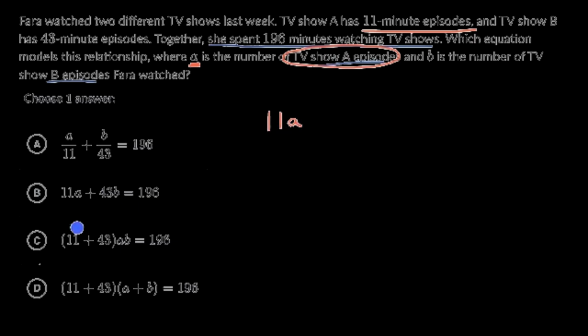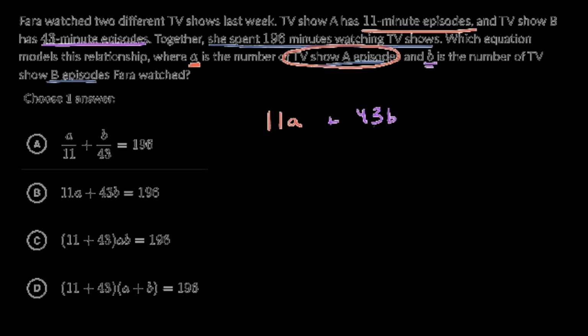And what about TV show B? Well, each episode is 43 minutes. So it's going to be 43 minutes per episode. And how many episodes are there of TV show B? Well, lowercase b is the number of TV show B episodes. So 43 minutes per episode times lowercase b episodes, that's how much time she spent watching TV show B. So if you add the amount of time she watched TV show A to the amount of time she spent watching TV show B, that will be her total time.